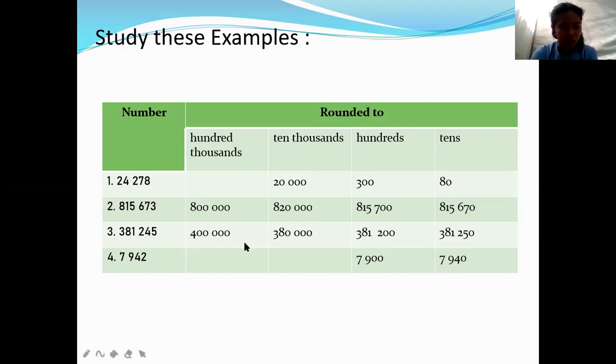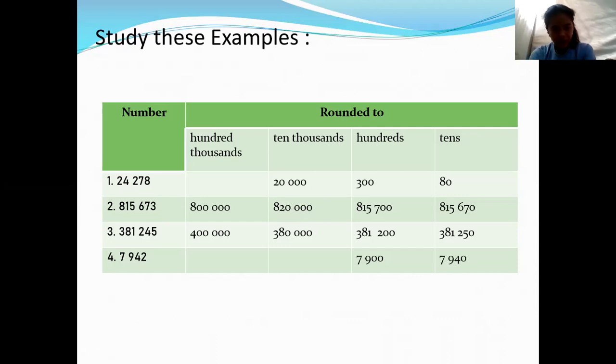So ang 1 na to, become 2 na, di ba? So 2, then the number in its left, we're just going to copy. That's why we have 2 here, then copy 8. Then the remaining number to its right will become 0. So that's why it is 820,000.